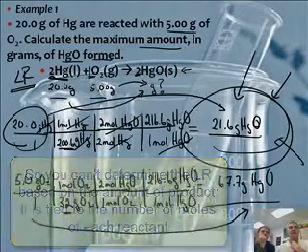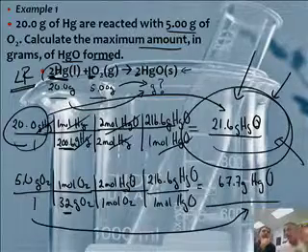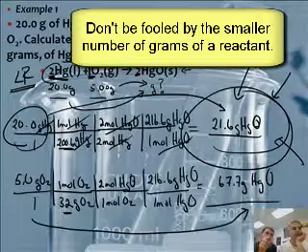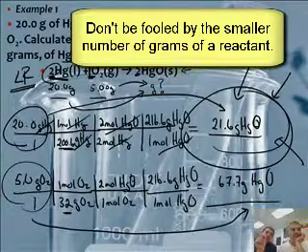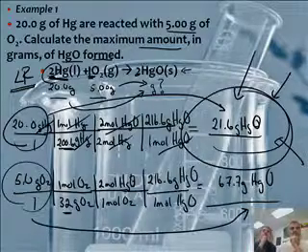Plus, I use up twice as much of the mercury in the recipe as I do of the oxygen. So we have two things going against us: fewer moles, and the fact that you need twice as many moles of mercury. So don't be fooled by the smaller number of grams of oxygen. Grams do not determine the limiting reactant. You must go through and do the math first to figure out which one's limiting.